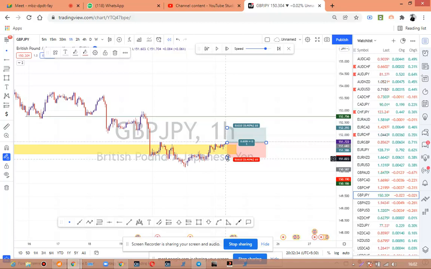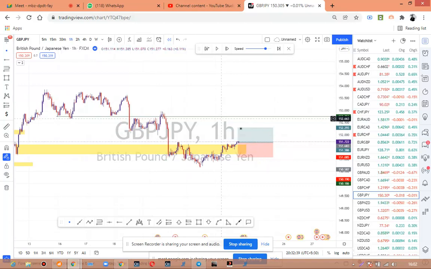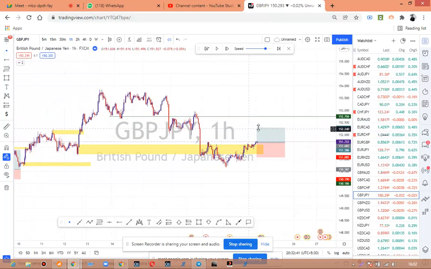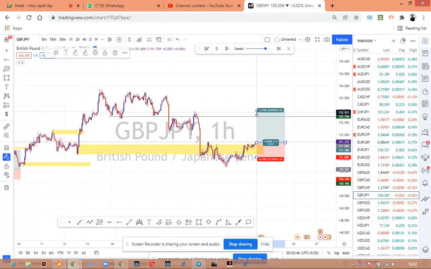Then the stop loss, because I can see the market is trying to go up, goes below structure, and take profit at a 1 to 2 risk reward ratio or the next supply zone.